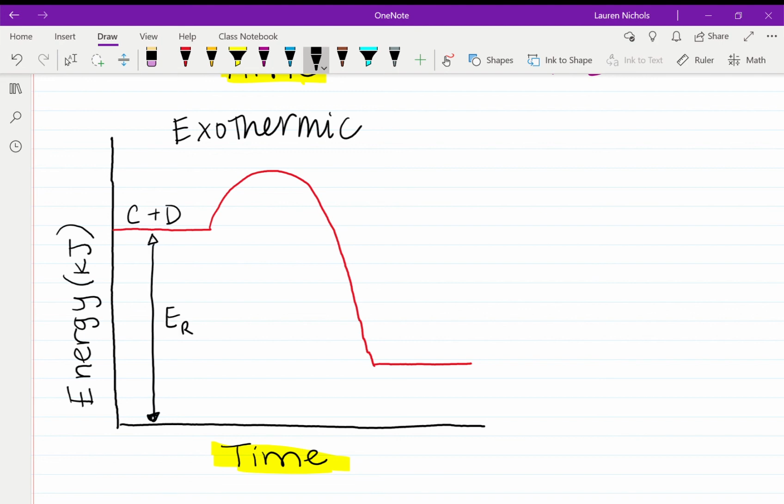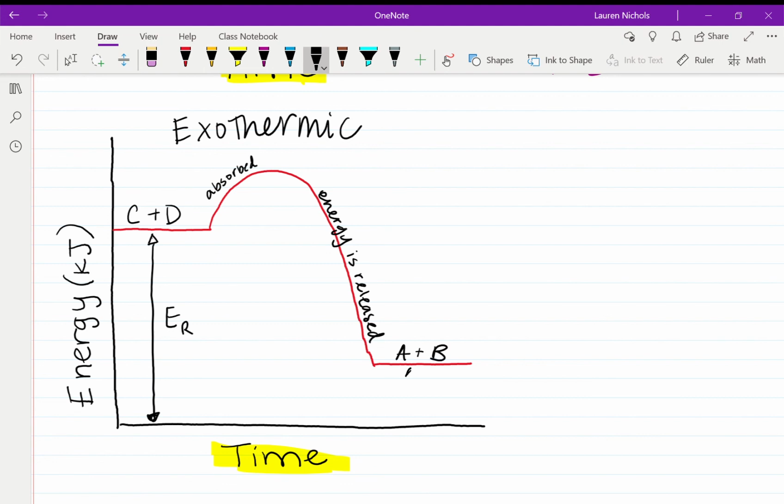That means they're starting off with a lot of energy. And we can see that they absorb some energy. They absorb just a little bit, but you can see the majority of their energy is released. And so this energy being released will produce our products, A plus B.